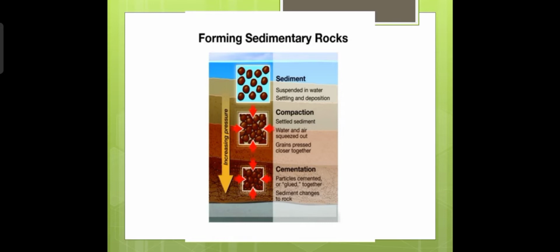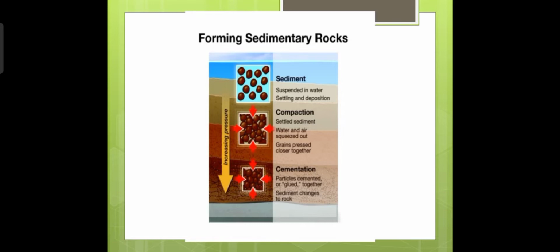Second, compaction. Settled sediments, water and air squeeze out, grains press close together. Compaction is what happens when something is crushed or compressed.